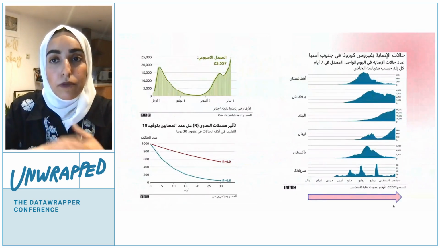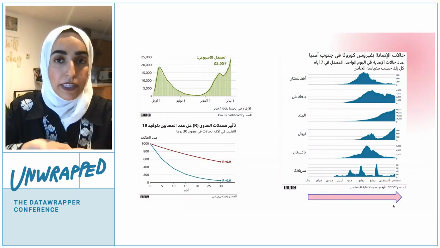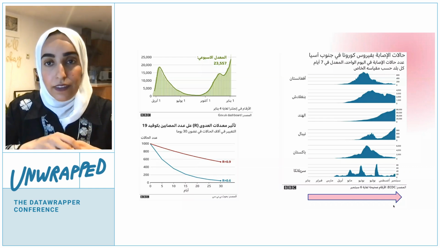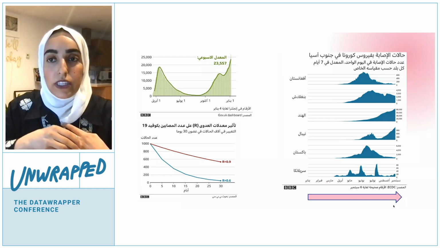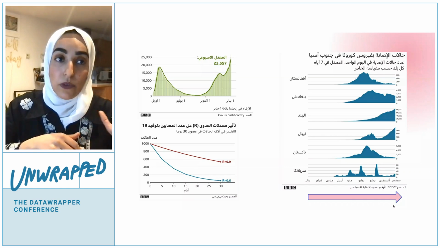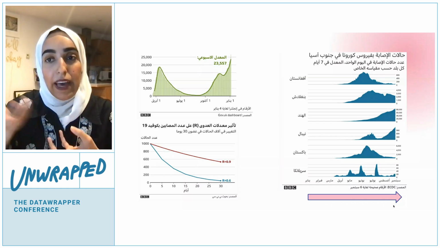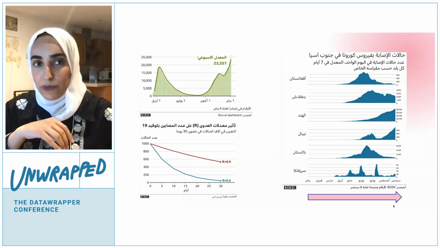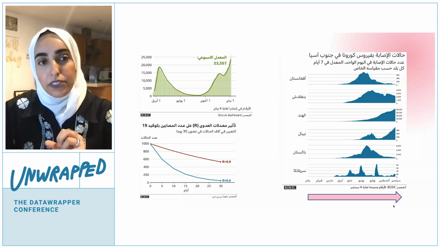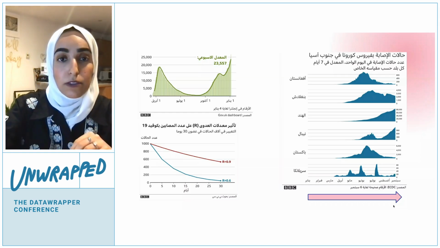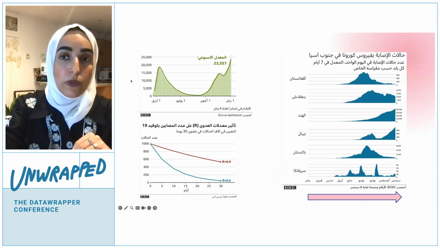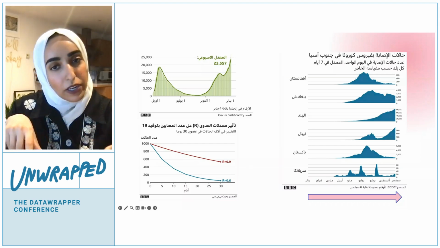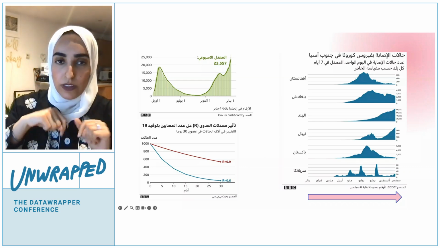Here is a sample of visualizations found on the BBC Arabic website. As is apparent, some of these charts have their y-axis on the right. Some of them have it on the left. Moreover, the x-axis sometimes starts from the left, and other times it starts on the right. For instance, if we look at the visualization with the small multiples, it starts with September and ends with January.